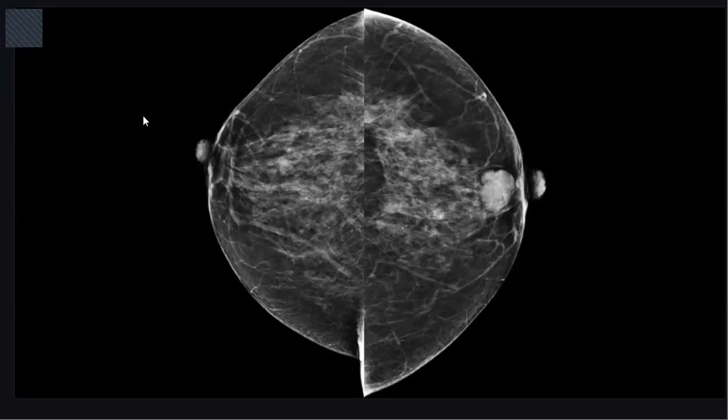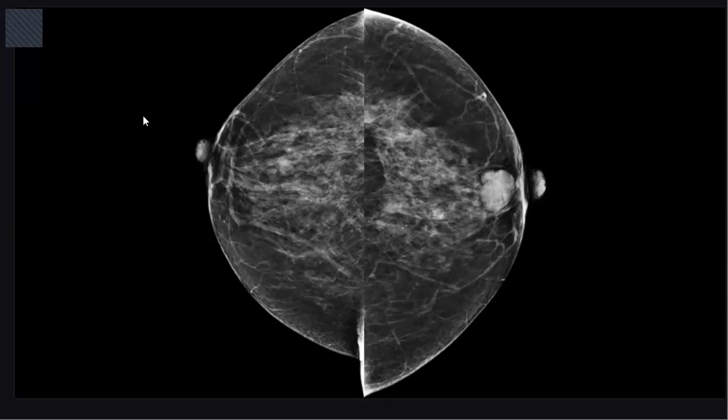In the craniocaudal view, I can see the retroareolar lesion is well-defined, lobulated, with no evidence of spiculations, no evidence of microcalcifications. However, I will use the magnification views and zoom tools to confirm this.